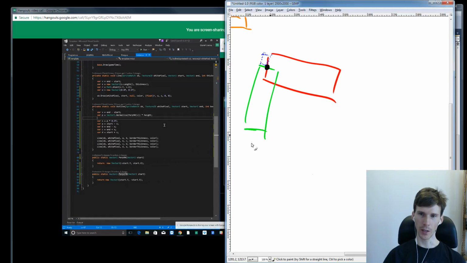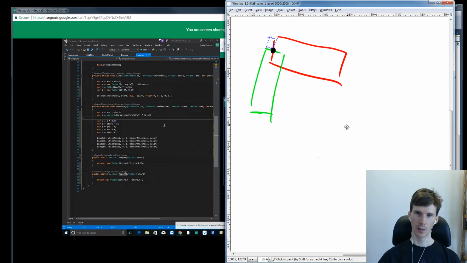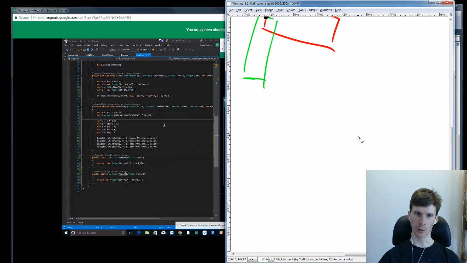This maybe is the way I would do it. You'll remember that on River City we had rectangle drawing functions, an outside rectangle and an inside rectangle.